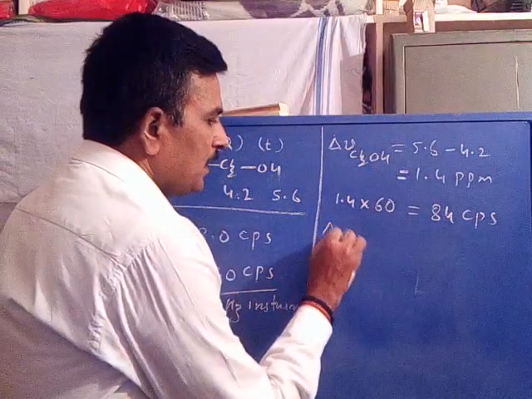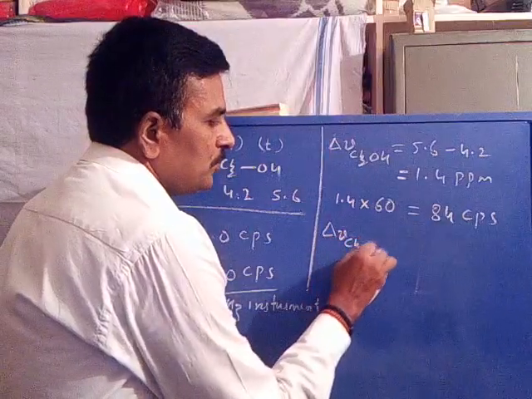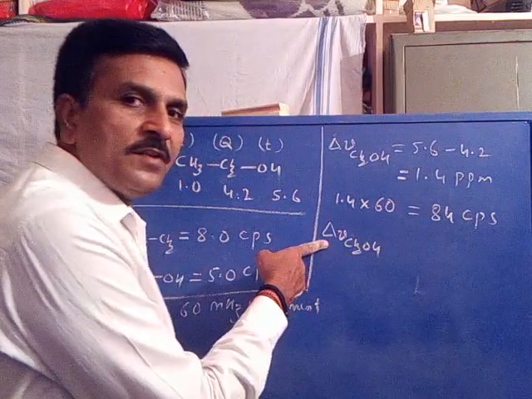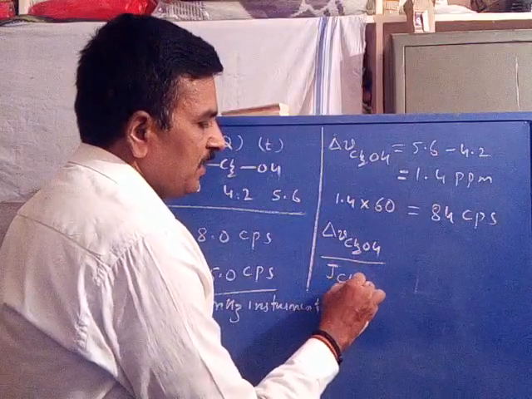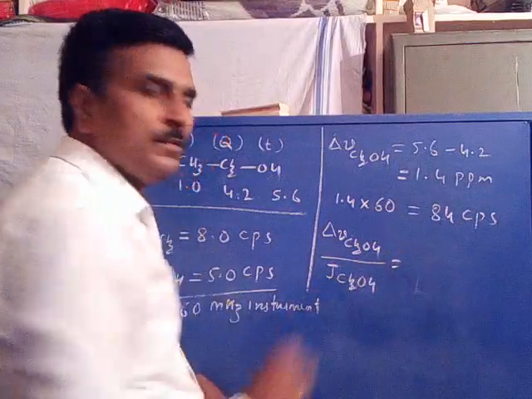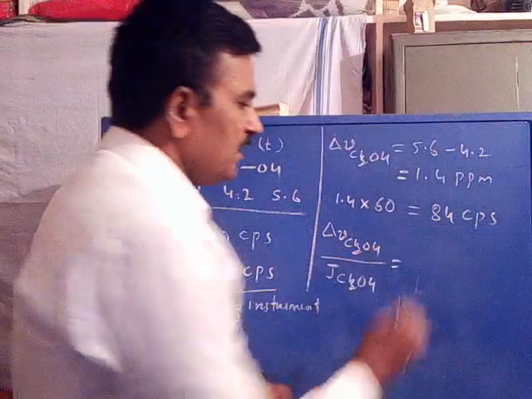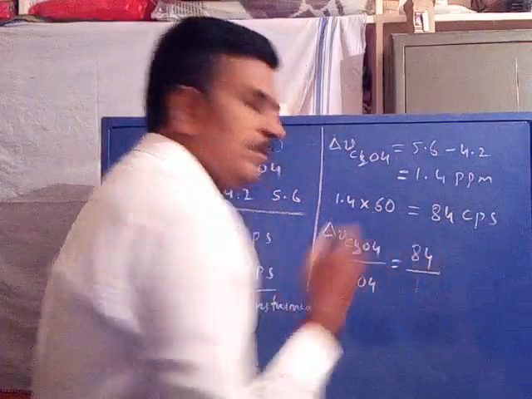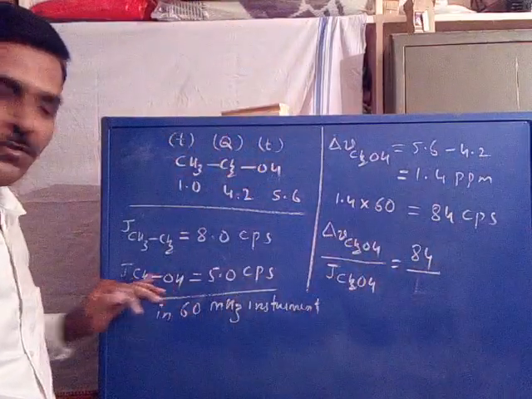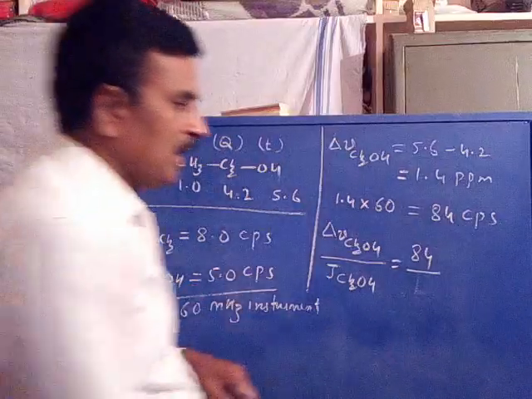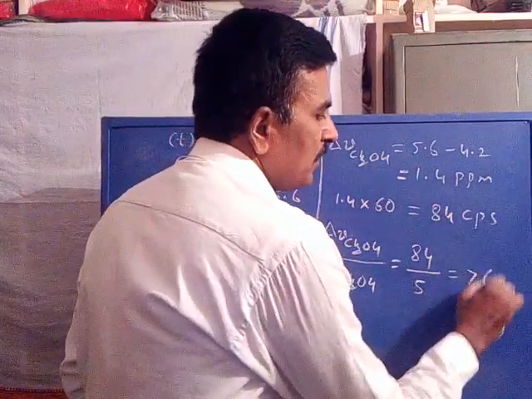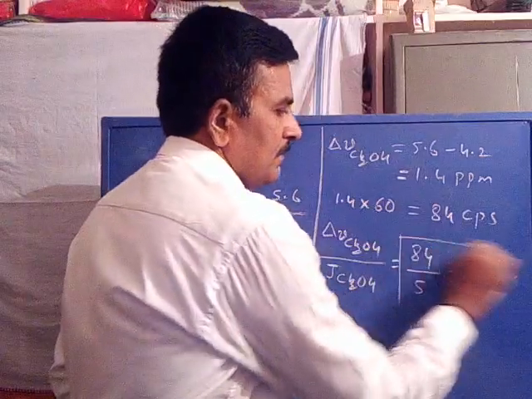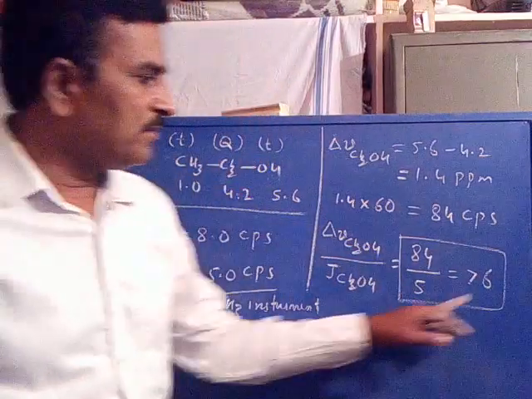Then the frequency difference between CH2 and OH divided by the J value between CH2 and OH: the difference is 84, and the J value between CH2 and OH is 5.0. 84 divided by 5 is again greater than 6.